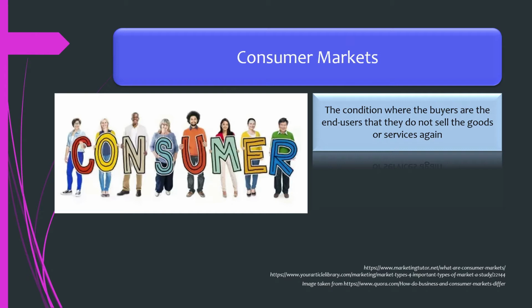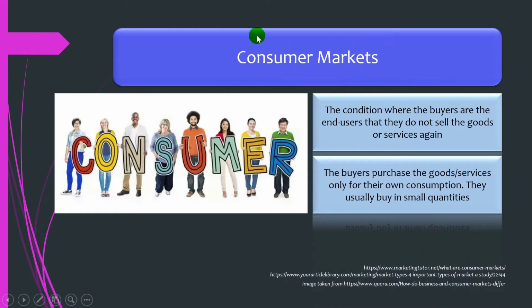That's why you are called end users. So the consumer is the end user because they just buy things for their own use, so they are not going to sell again. The buyers purchase the goods or services only for their own consumption, and they usually buy in small quantities.